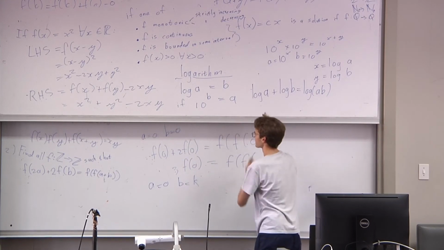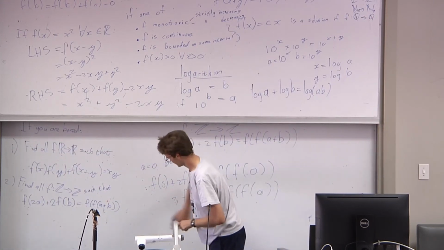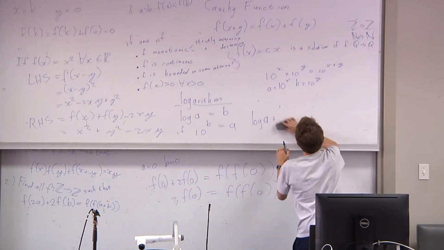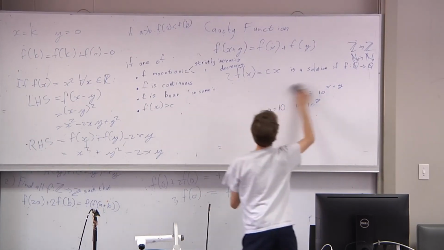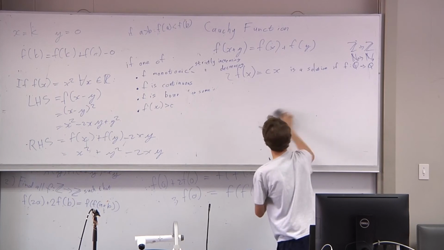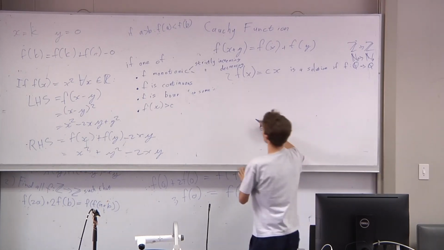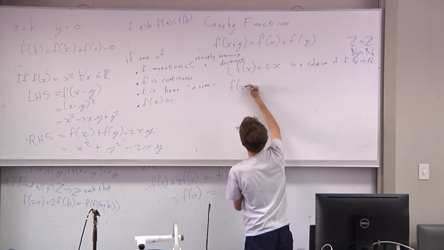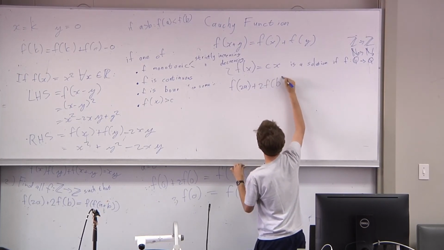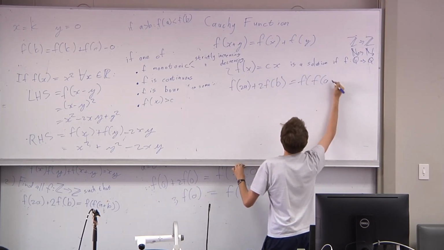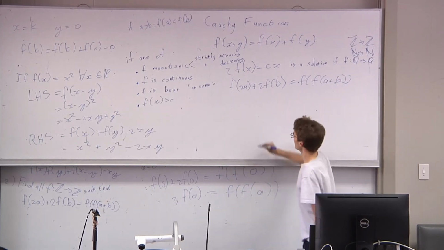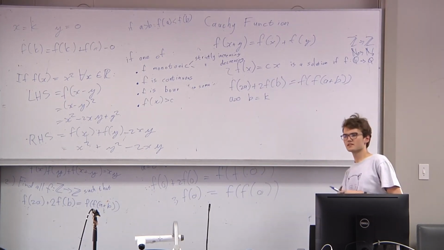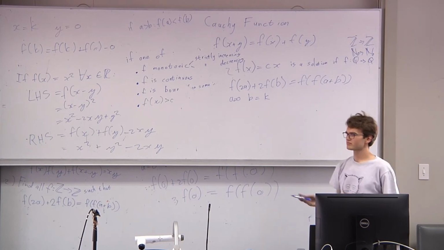So a equals 0 and b equals k. What does that give us?